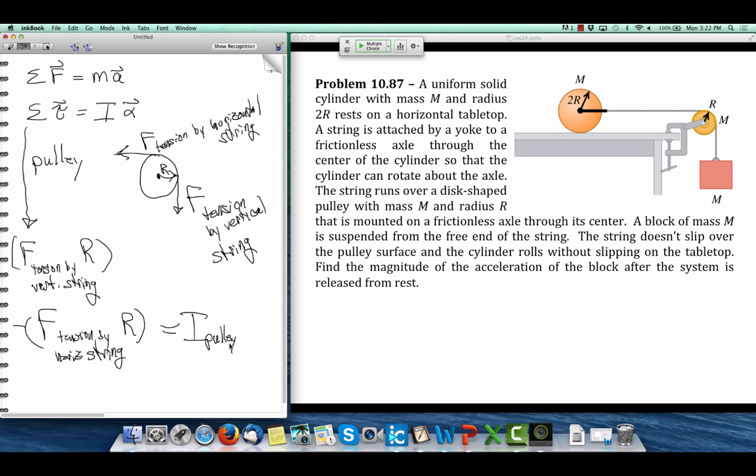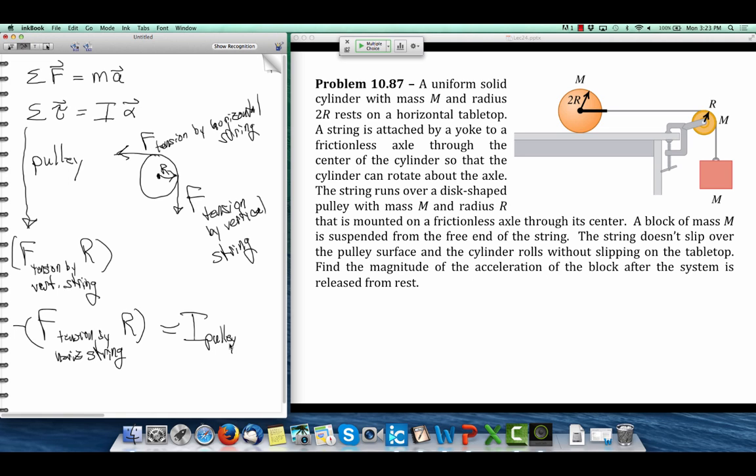Isn't it like friction though, not tension, that's what's causing the pulley to rotate? It is a friction force, basically. But the problem is that friction force acts over the whole radius, over the whole place where the pulley is touching.